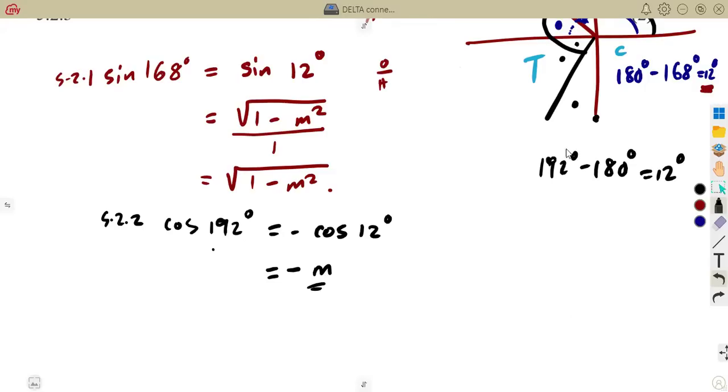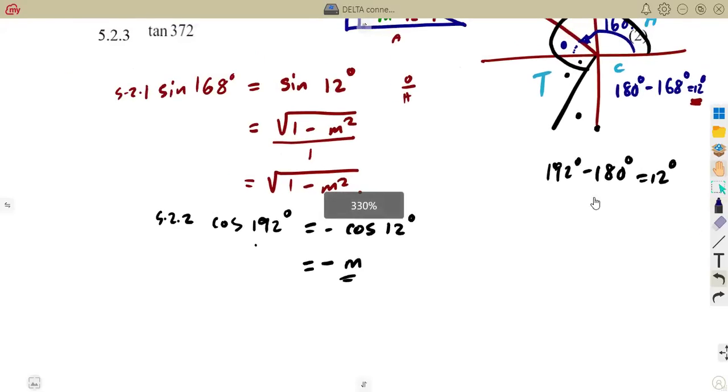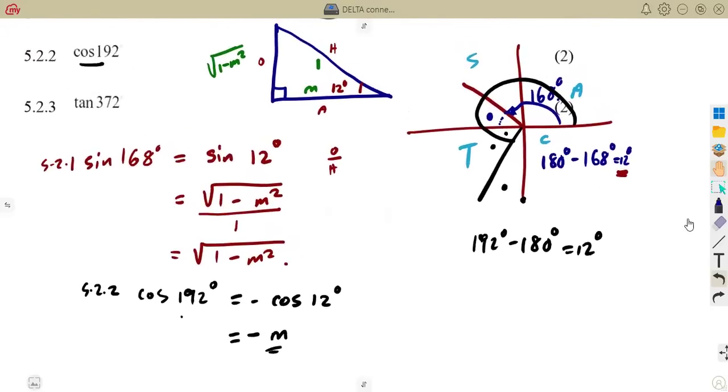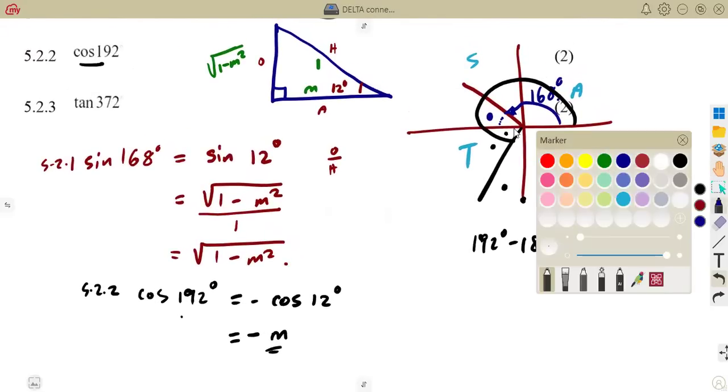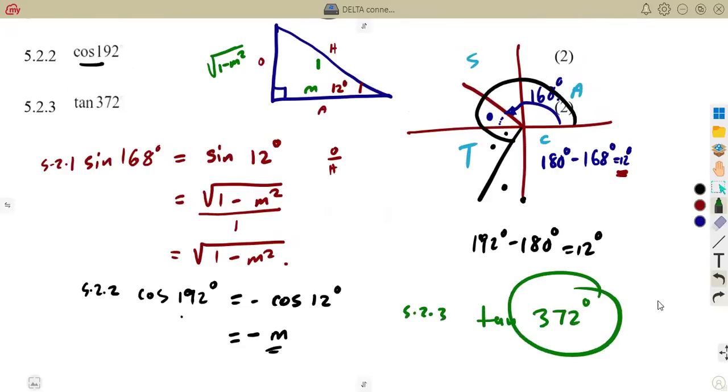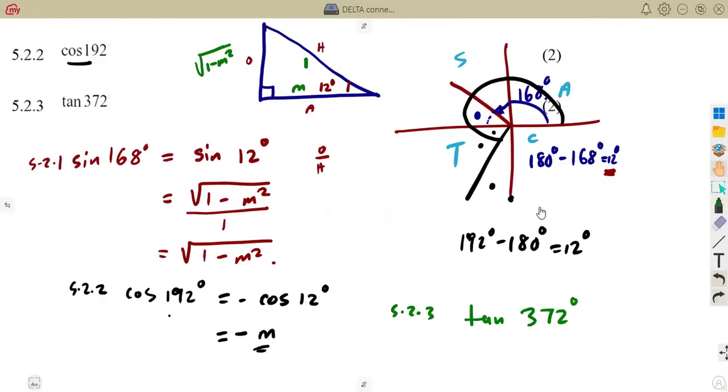So guys, this is a test. We're just going to find time to cover explanations as a separate topic for the exam. I can't add much here just for the sake of time. Tan 372, on 5.23, the same thing. 372 is more than 360 degrees.